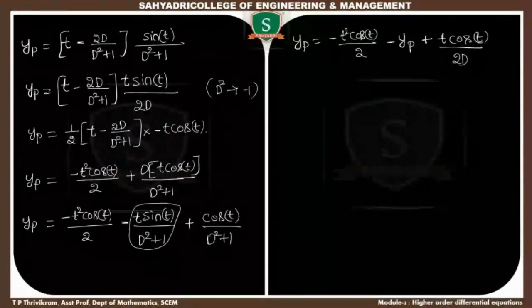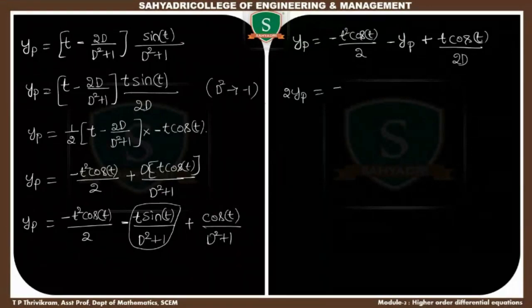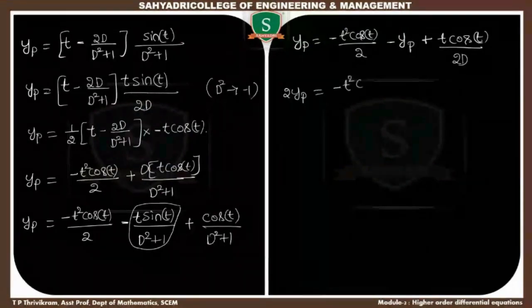Okay, send this yp to the left hand side. So I'll get 2yp is equal to minus t square cos t divided by 2 plus t by 2 into integration of cos t, this plus sin t.